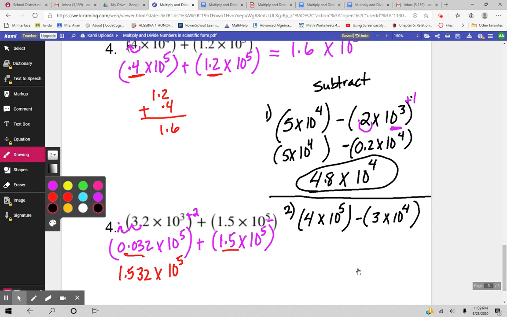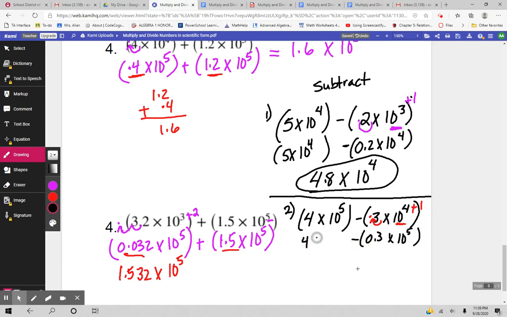So we need matching powers. Add 1 here, because we want to match the higher power. If we make this bigger by a power of 10, we've got to make this smaller by a power of 10. So move the decimal 1 place to the left. And then we'll end up with 0.3 times 10 to the 5th power.